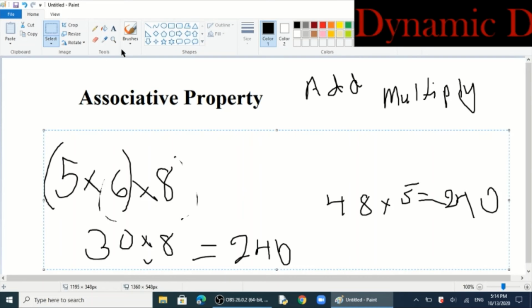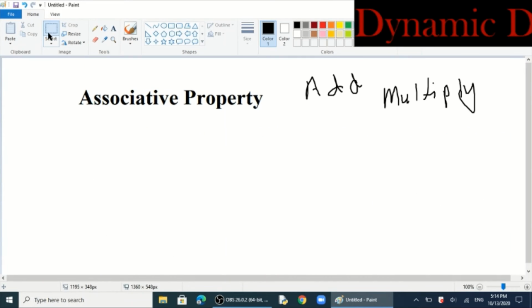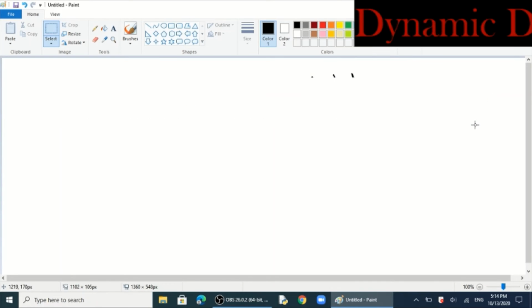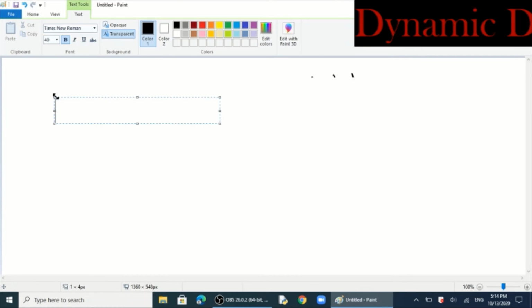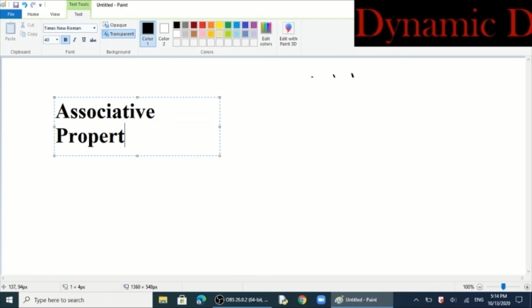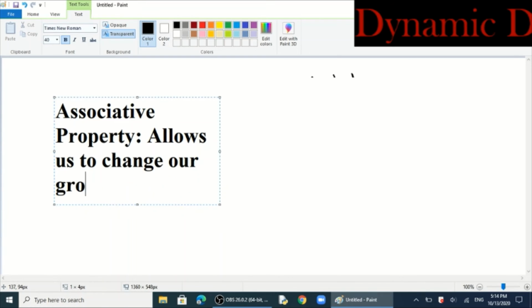So now we can actually also use these two together. Okay? But let's quickly do a quick review. So I'm going to write down the properties and the associative property. There is one more property, but I'm not going to use it in this video. I'm going to make a separate video, okay? So the associative property allows us to change the grouping.